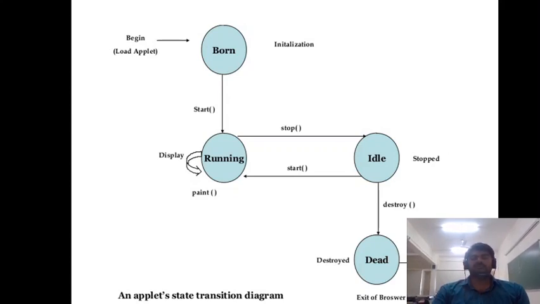Once the applet completes its execution, it will move to the dead or destroy state. Suppose the applet is in the idle state and you call the destroy method explicitly, the applet will move from the idle state to the dead state.